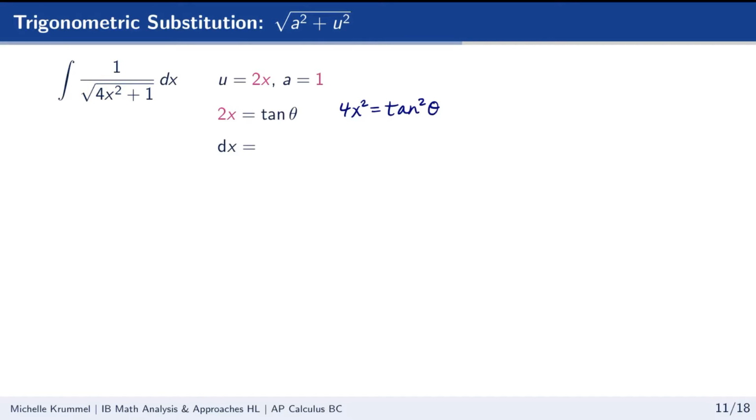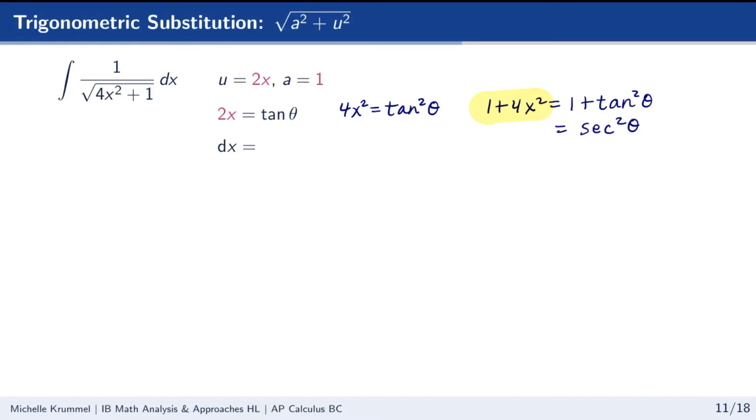Or, again, if you want to do some more work outside of the integral, we can add 1 to both sides of this equation and say 1 plus 4x squared equals 1 plus tan squared theta, equals secant squared theta. And now we can just say, okay, I'm going to substitute 1 plus 4x squared for secant squared theta. You can even go further with that, right?